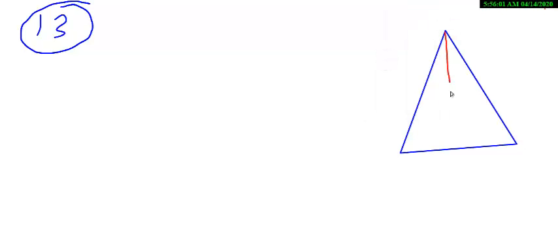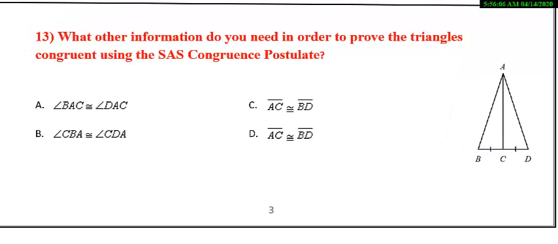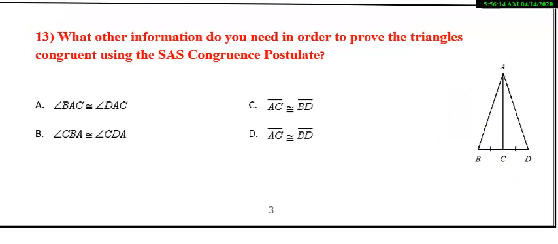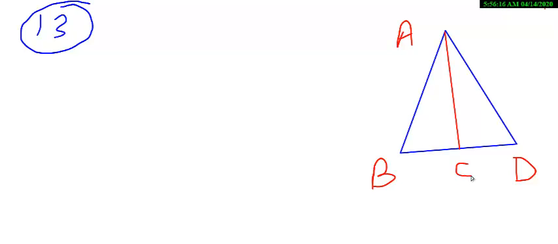I'm going to name it according to the given sketch: A, B, D, and this will be C. This segment is congruent, this is the common segment, and this should be perpendicular to make the SAS come true.